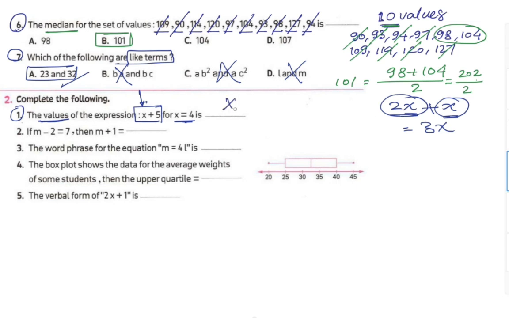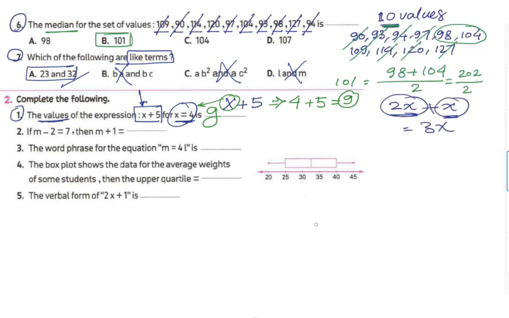He gave me the value of x, so I will delete this x and put 4. That will equal 4 plus 5, so the result will be 9. Okay, the right answer is 9.